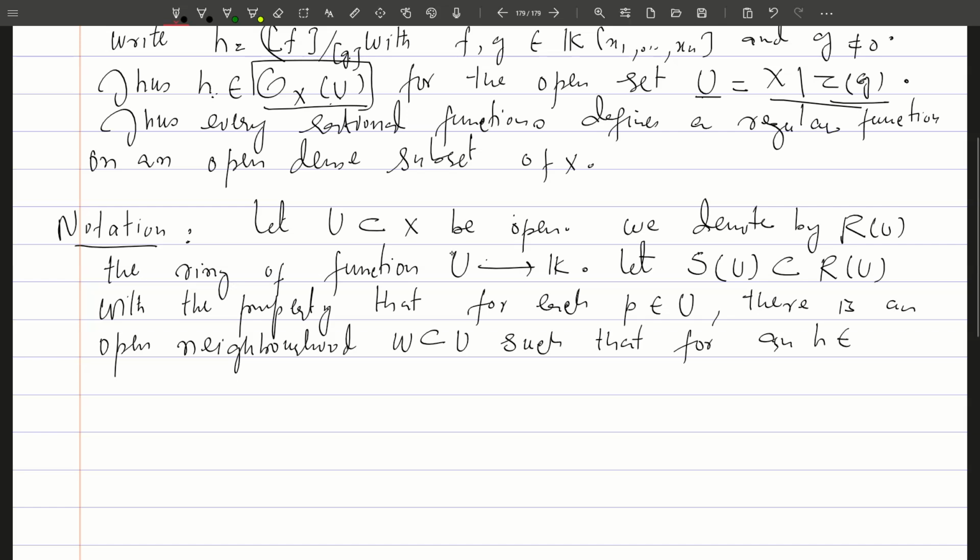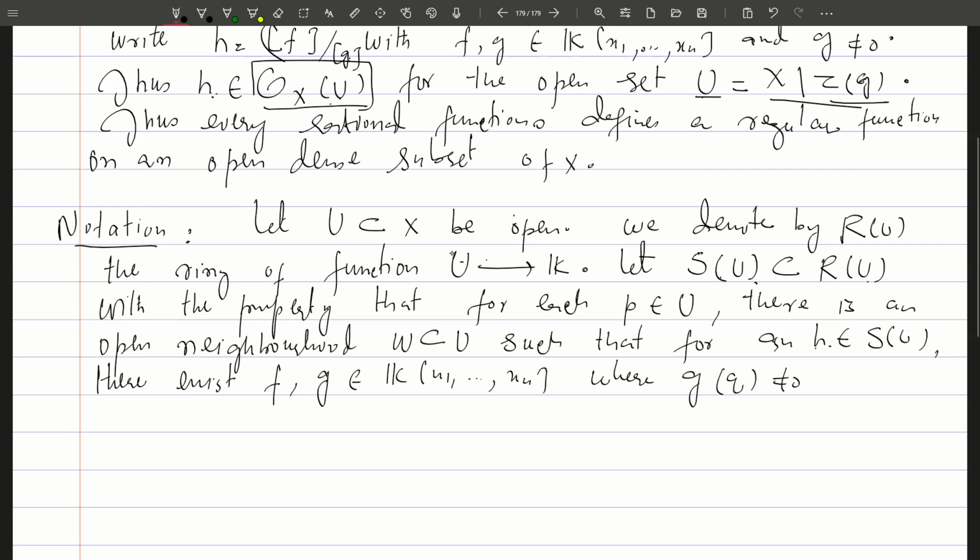h in S of U. Now h being an element of S of U, and S of U being a subset of R of U, that means this h is a function from U to K. So for this function there exist two polynomials f and g such that g of q is non-zero for all q in W, and this h of q is defined as f of q over g of q.